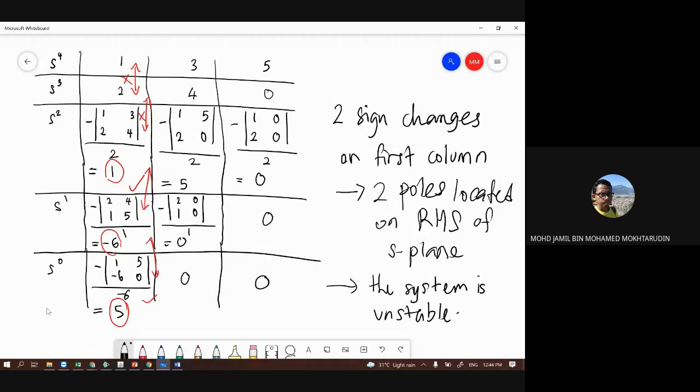Okay, any questions? If the row S3 has two parts, can we factorize it? You can, but I don't like to factorize because it will be confusing later. So that's why I said if you feel confident, factorize. If you feel unsure, it's better not to factorize, because in the end you will get the same values.